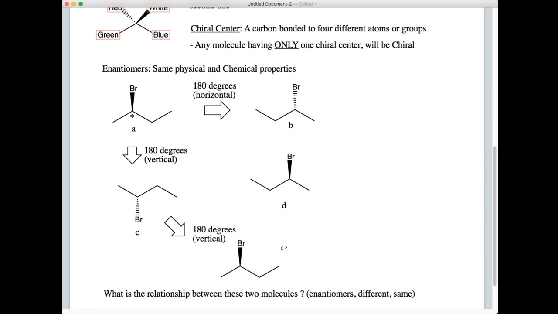Now you have two options. Some people, if I get these two and put this in front of this, can obviously see how one is the mirror image of the other. But if you are not able to see that, we can do a second flip here. In this case, we're gonna flip it 180 horizontally.